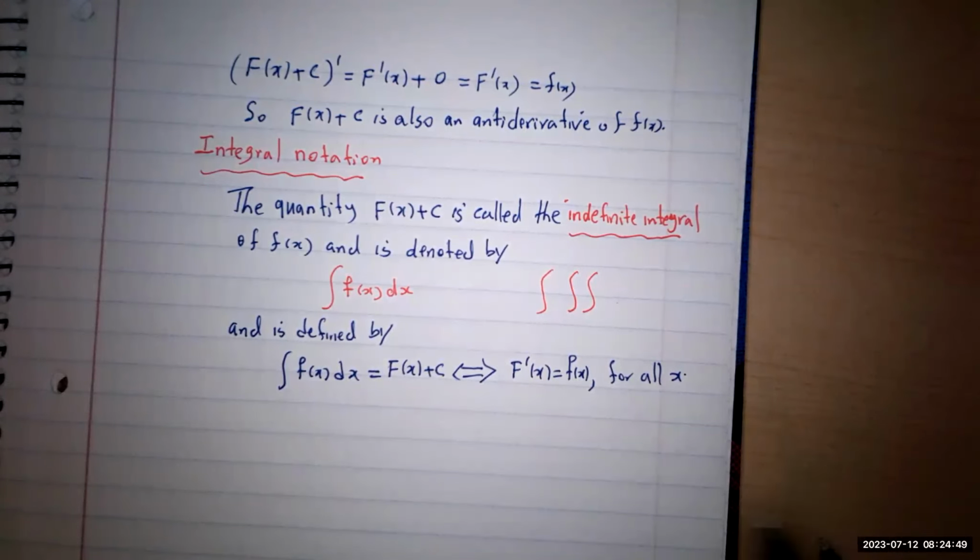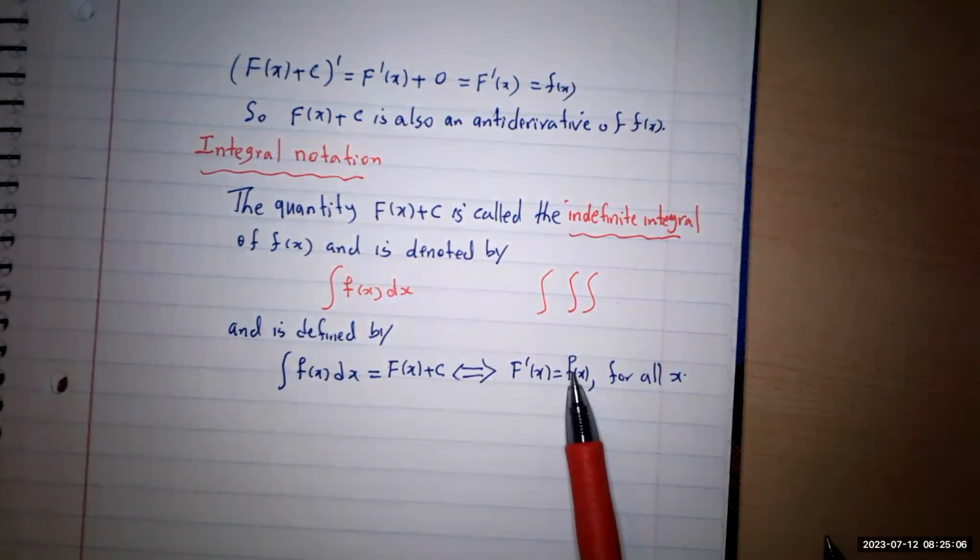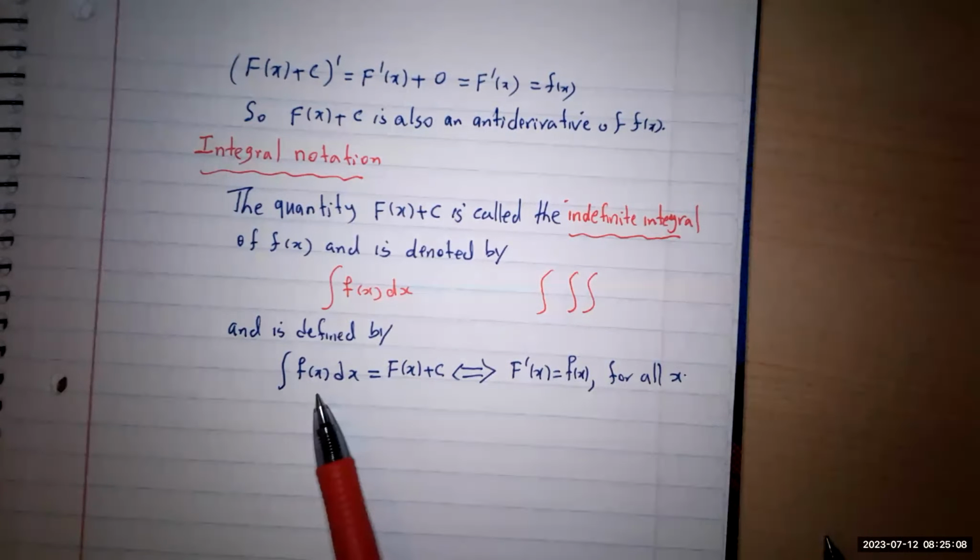This means the opposite operation. You have f prime of x equal to f of x. If you want to take the opposite of f prime from the derivative point of view, so you would like to drop the derivative, it's going to be f of x plus c. So instead, over here, we're just using the integral notation.